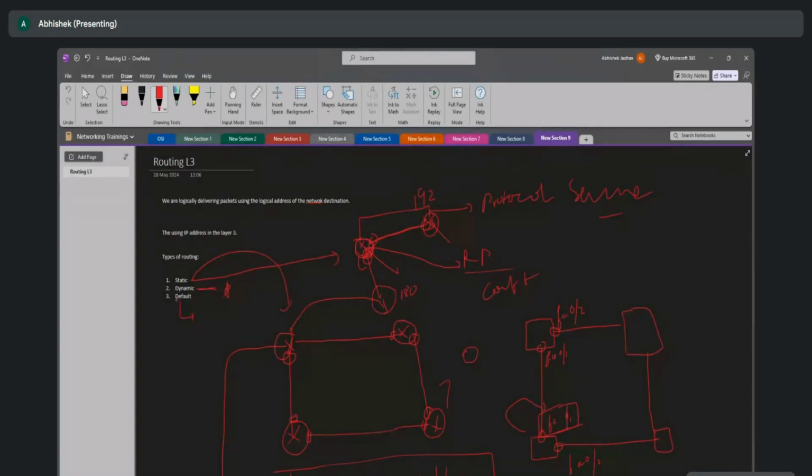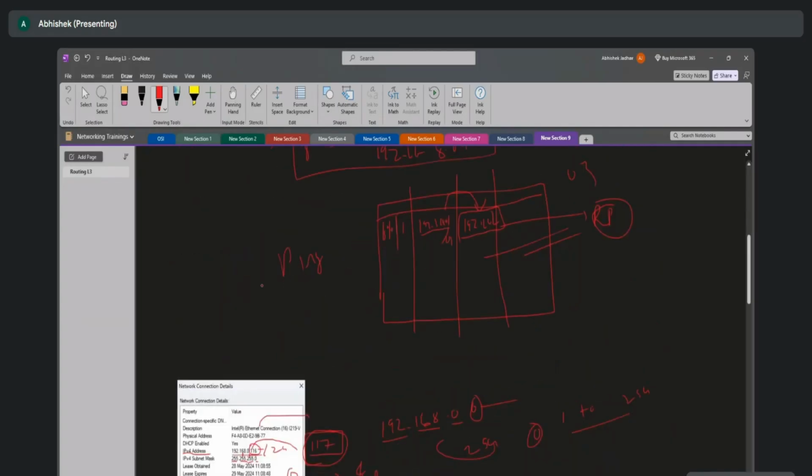Right? And now, what is the administrative distance of static routing? The static routing, what we have configured, there is no protocol in that. What is the AD of static routing? It is 1.